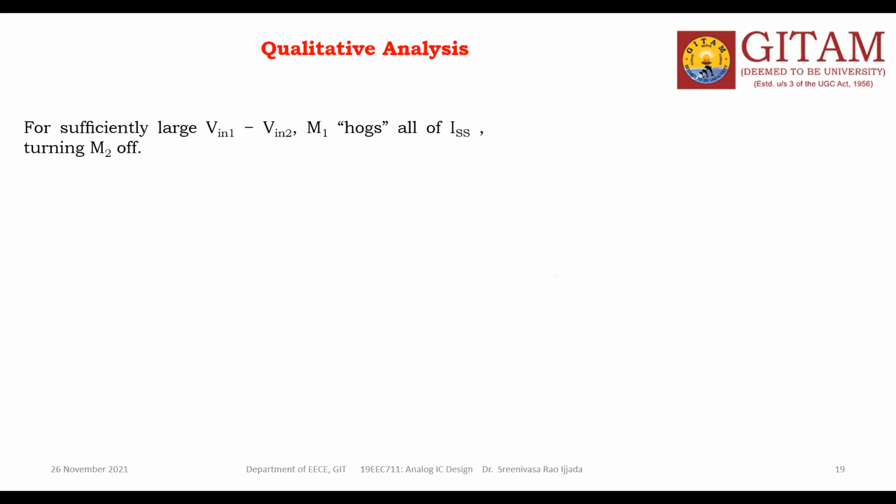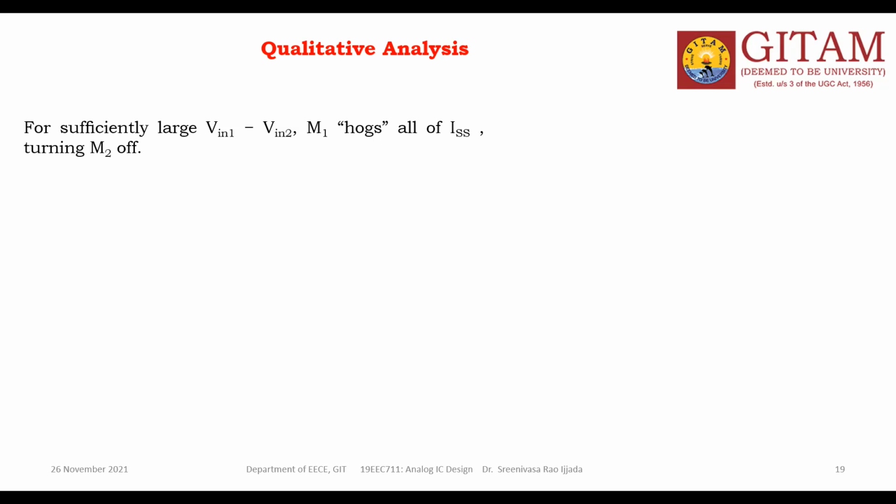So next, for a sufficiently large differential input voltage, M1 hogs all of the current. That means if Vin1 is much greater, more positive than Vin2, then what happens?